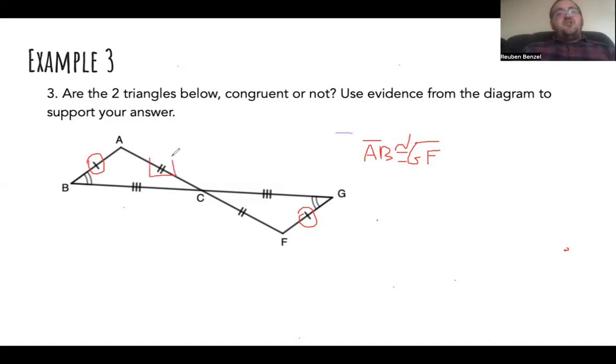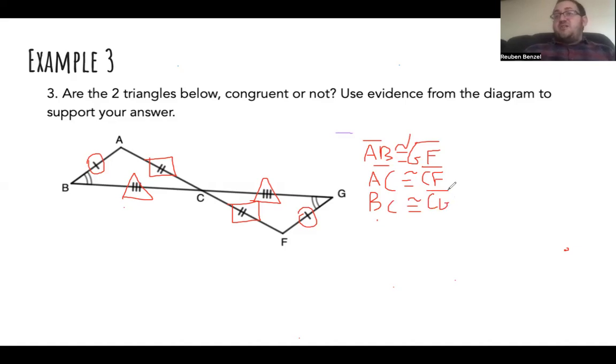Then I could look at the 2 tick mark sides: I have side AC, and that matches with side CF. They are congruent to each other. And for the 3 tick mark sides, BC is congruent to CG.